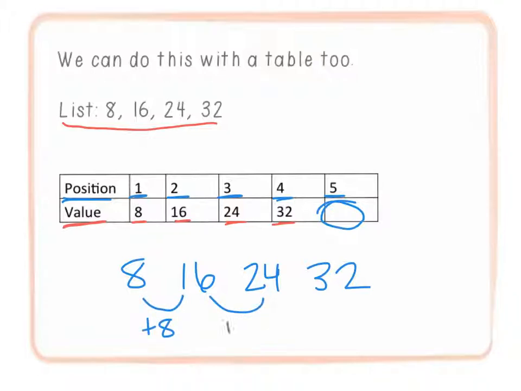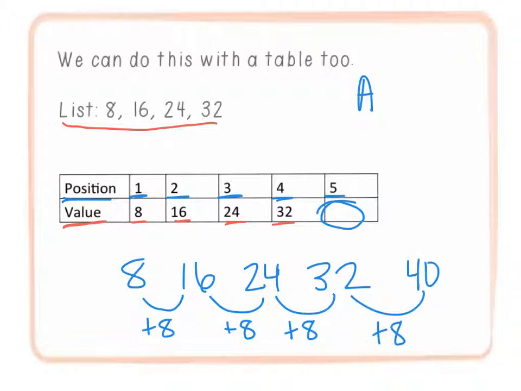If I add another 8, I get 24. And if I add another 8, I get 32. So I know that it's adding, so that's arithmetic. And then the next term that I would get would be 40. So I know that 40 would go there. And that's just telling me that it's in a table, and it's just a little bit more organized that way.